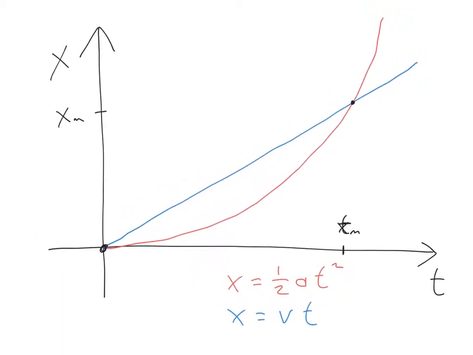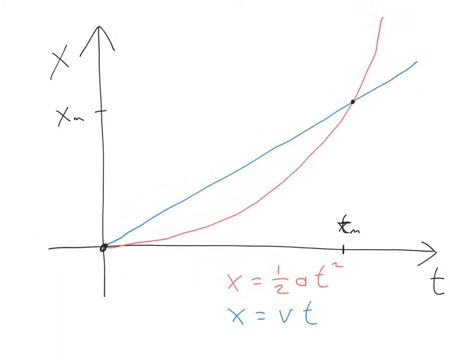So there'll be some certain time, and there'll be some certain position where the two are meeting again, which means that if we look at each function, at time t_m for this first equation, it'd be at position x_m, and also in this equation here, if we plug in t_m, then we should also get x_m. So what it means to meet is being at the same place at the same time.